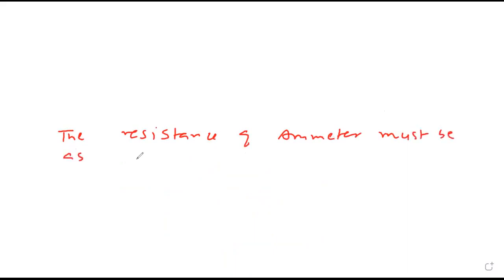After that you have to write: the resistance of ammeter must be as small as possible.